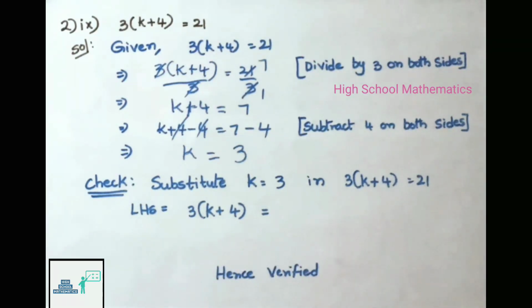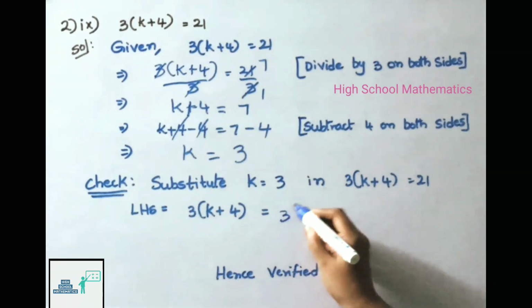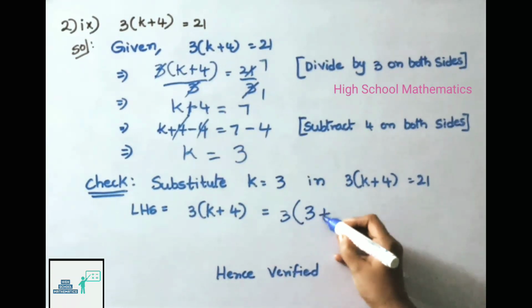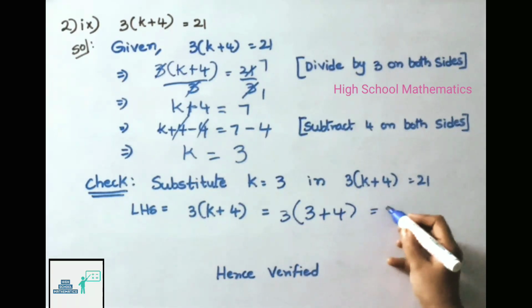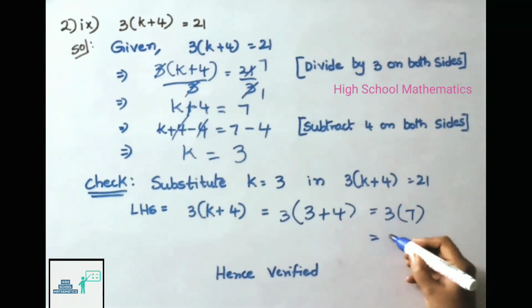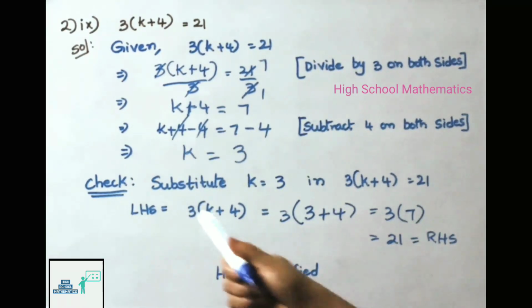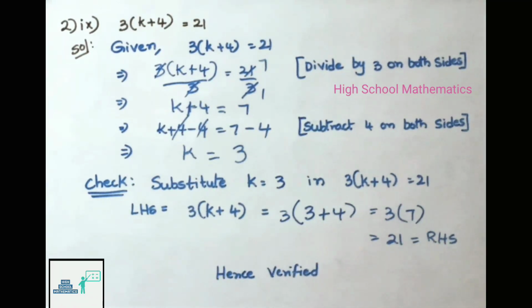Here we have taken LHS part, that is 3 into k plus 4, that equals 3 into k value 3 plus 4, that equals 3 into 7. Now multiply 3 into 7 is 21, which is equal to RHS part of the given equation. Therefore, LHS is equal to RHS, hence it is verified.